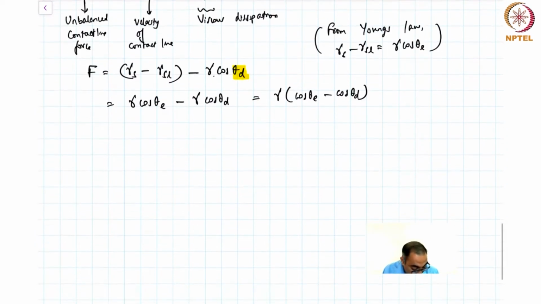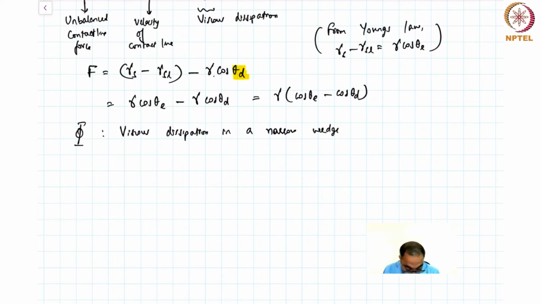That's the force. Okay. And the question is, how do we estimate phi? Phi is basically the viscous dissipation in a narrow wedge near the contact line.